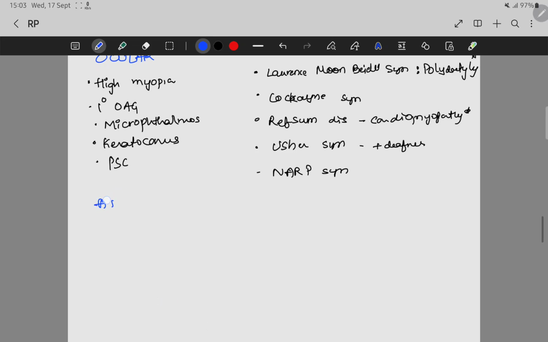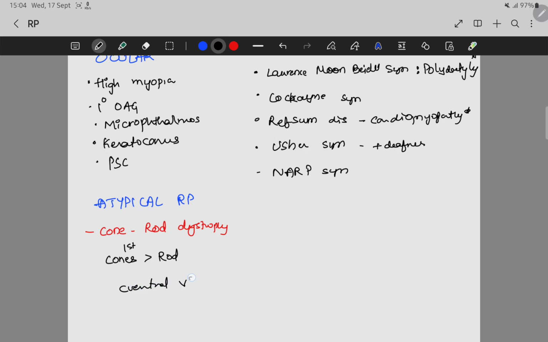Now coming to atypical RP. So we have cone rod dystrophy. In this, cones are affected more and first than rods, so there is defective color vision and central vision is affected first.